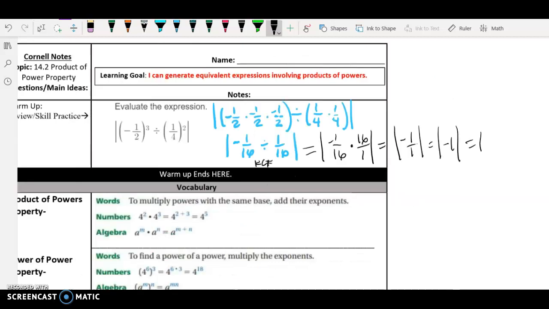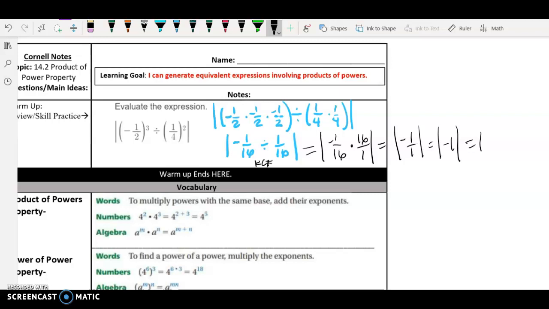So to get the answer, we need to multiply -1/2 by itself 3 times, and then divide it by 1/4 times itself. So when we multiply -1/2 to the third power, we get -1/16 divided by 1/16.